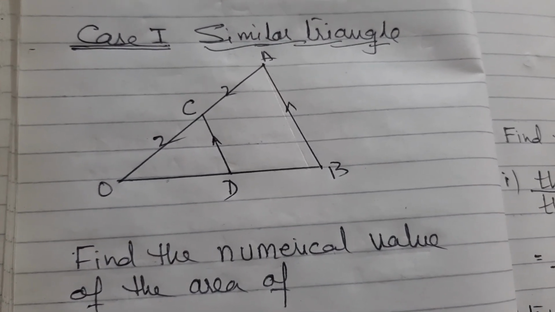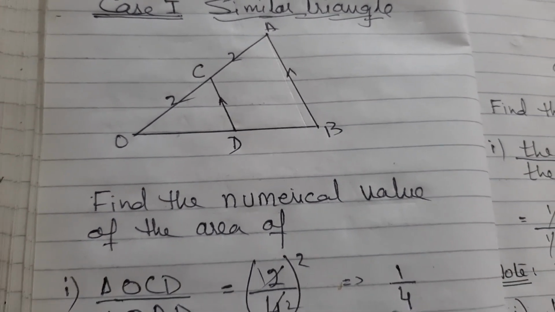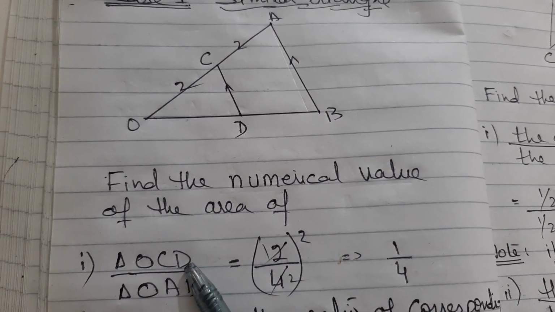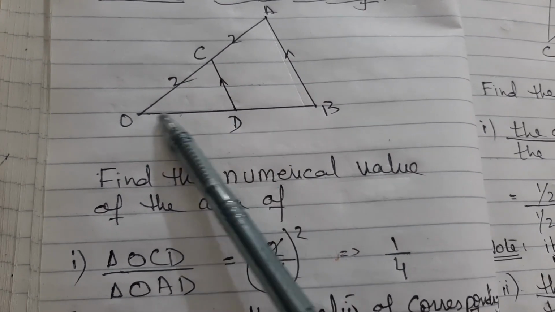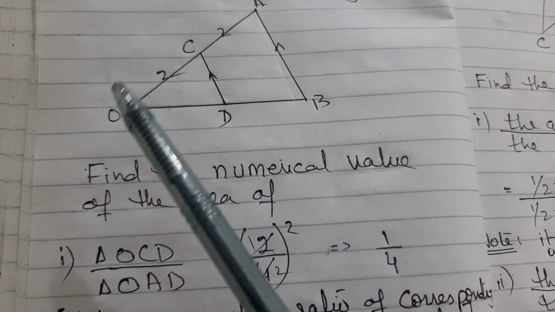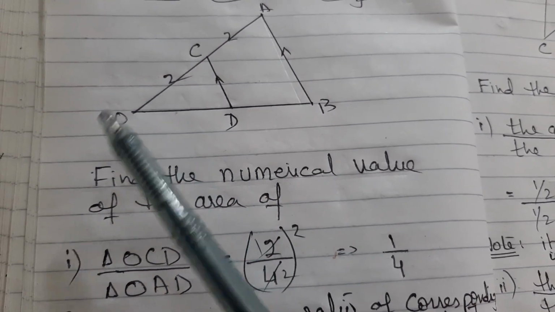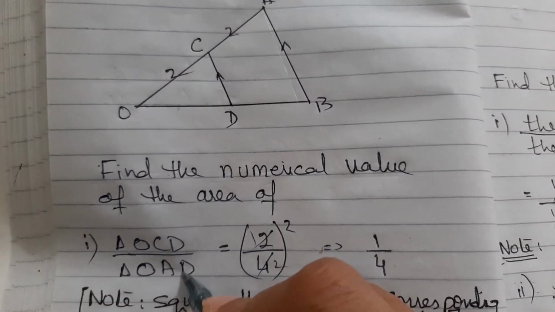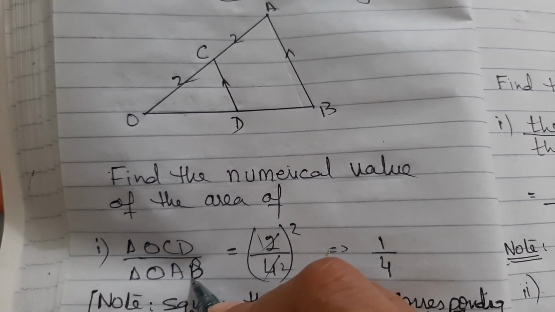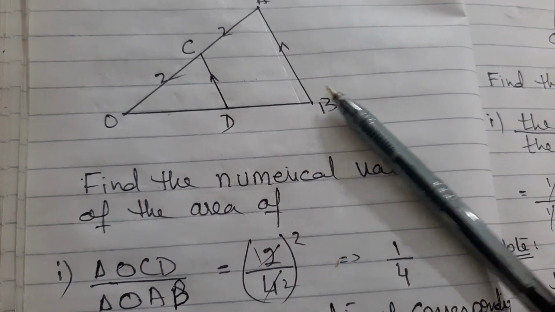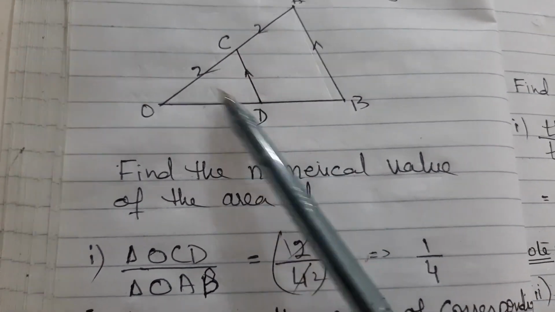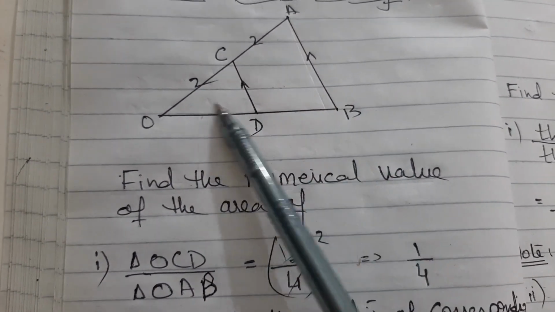If the triangles are similar, and the question is asking you to find the numerical value of the ratio of the area of OCD, this area, and OAB, then you will see what the corresponding sides are in this triangle and in this triangle.